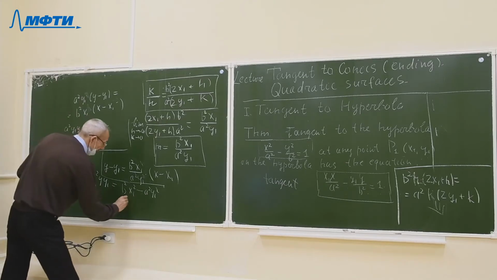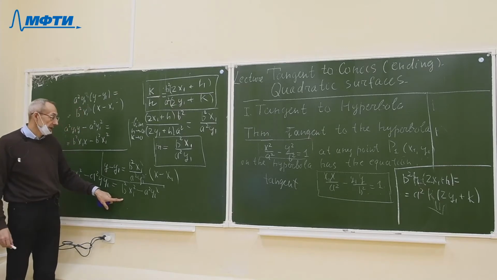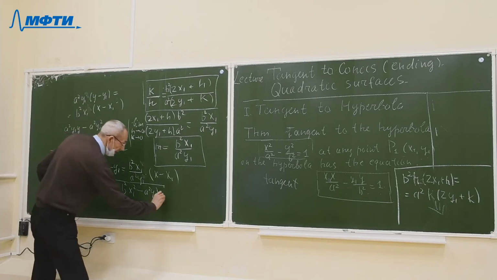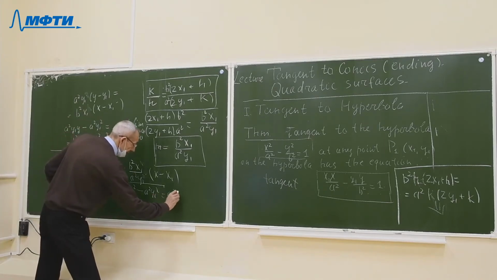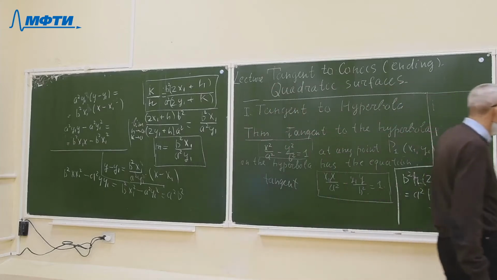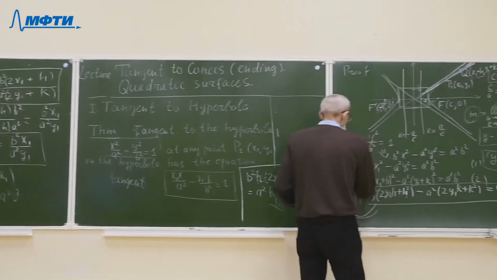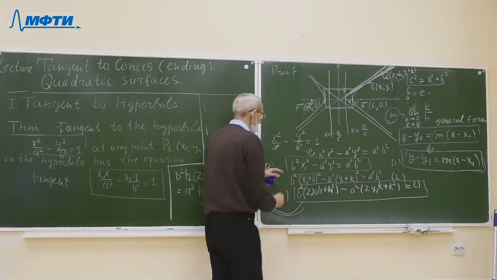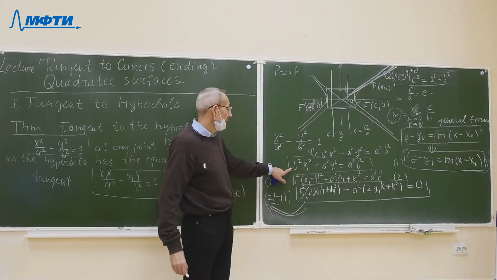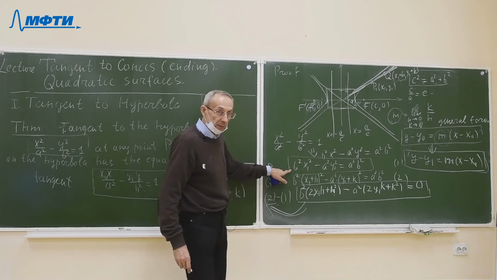Easy to see, the right side is equal to a square b square, because the coordinates of the point P1 satisfy the equation of the hyperbola.